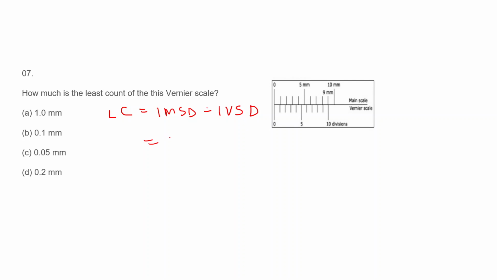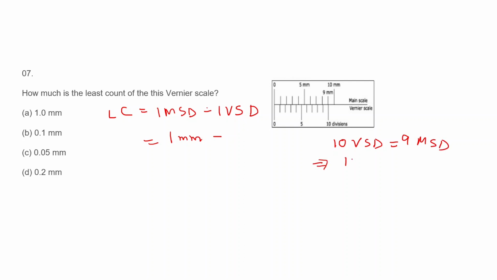1 main scale division is, we can see it's again 1 centimeter, 10 millimeters. So the least count of main scale is 1 millimeter. So 1 main scale division here represents 1 millimeter. And 1 vernier scale division, again how we'll find, we can see here that 10 divisions on vernier scale, that is 10 vernier scale divisions is equal to 9 main scale divisions.